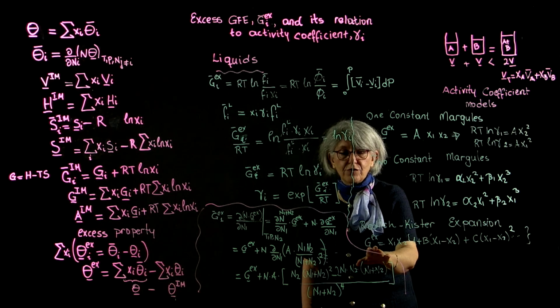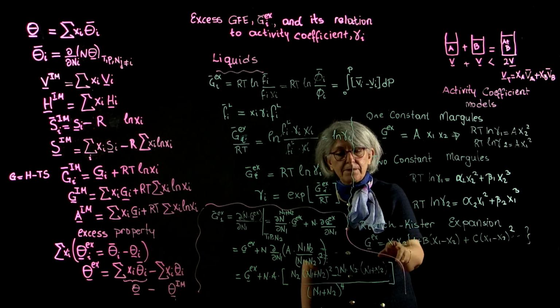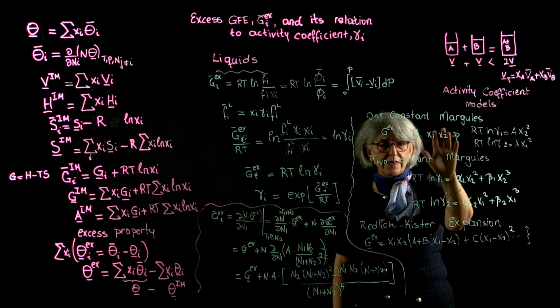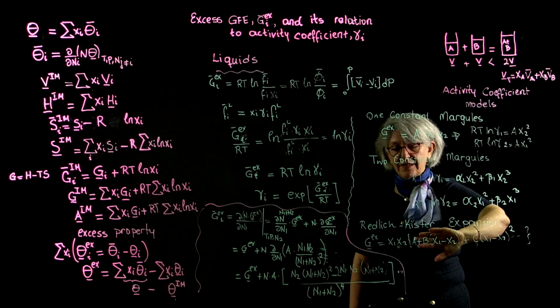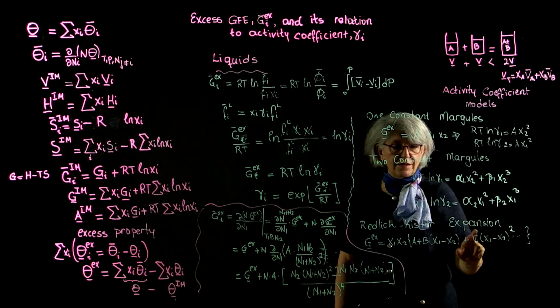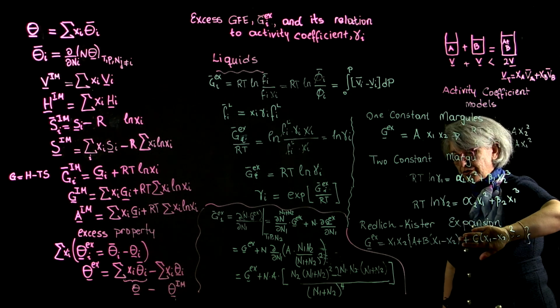Here we start from the excess total Gibbs free energy of the mixture as a general x1 times x2 term. All right. One constant, it was the first term that we have taken, the constant term. The 2 constant comes from the first 2 terms.